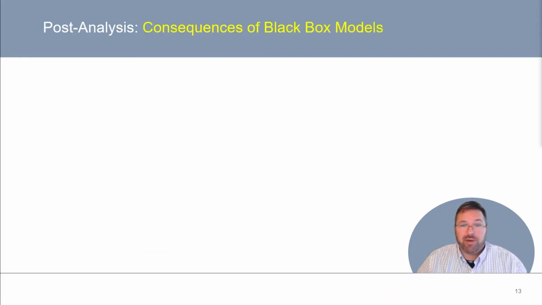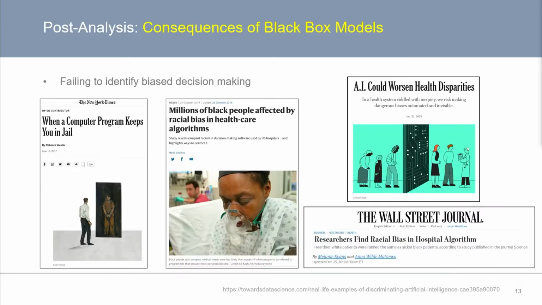Now let's look at some of the possible consequences of using black box models when we can't or haven't properly tried to explain their predictions. One of the key problems that has now come to light is failing to identify biased decision-making. Over the last few years, a number of new articles and research studies have come out identifying situations where a machine learning model was applied to make high-stakes decisions, such as determining parole eligibility or deciding what patients would benefit from certain programs, treatments, or other forms of care in health systems.